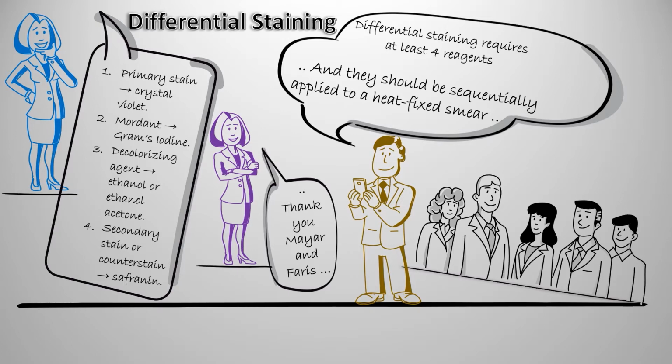The second important reagent is called mordant, which in this case is gram iodine, and this reagent serves not only as a killing agent but also as a mordant that intensifies and increases the cell affinity for the crystal violet stain.